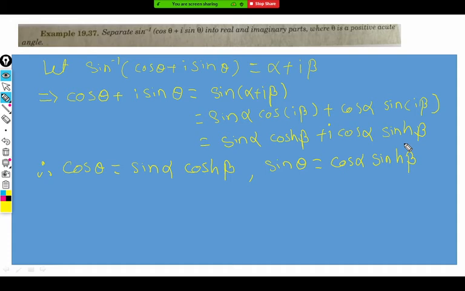What is our aim? Our aim is to get the values of alpha and beta. Now how to get alpha and beta from these two equations?